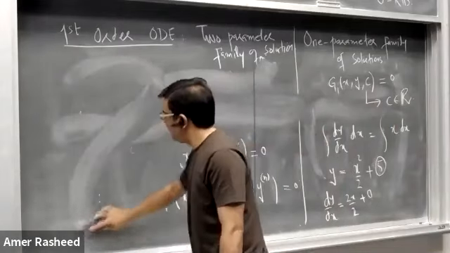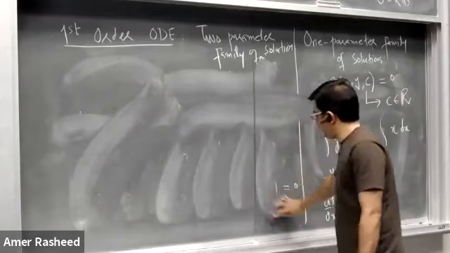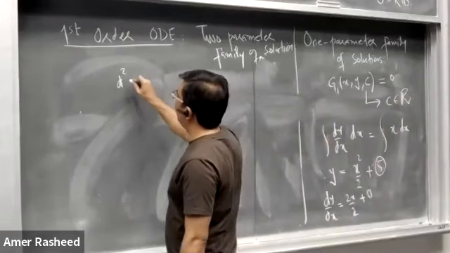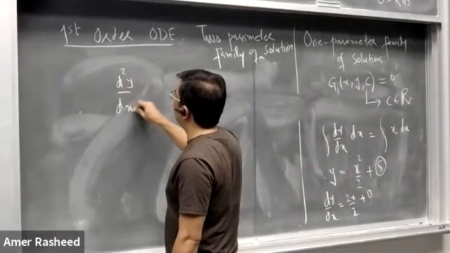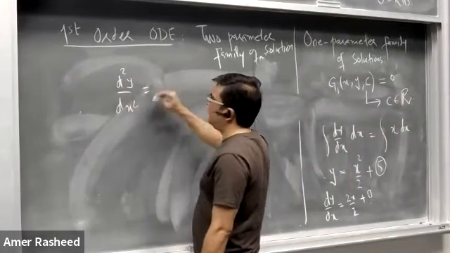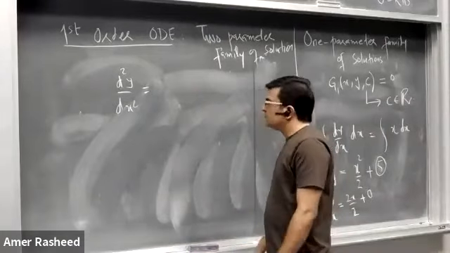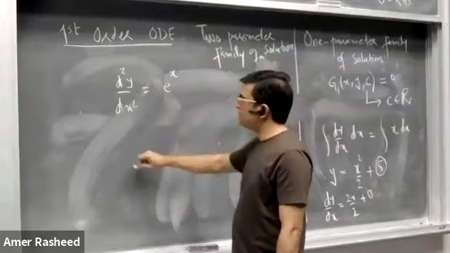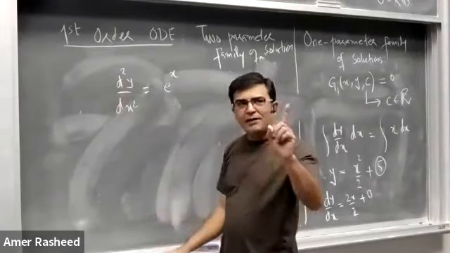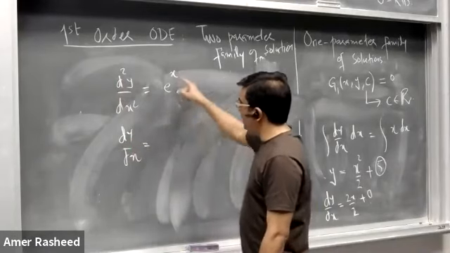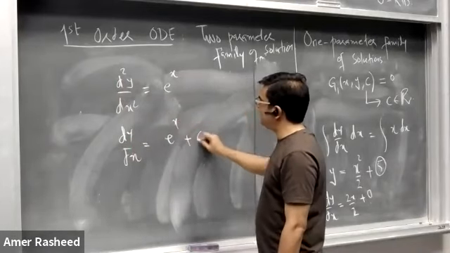For example, I give you a function where the second derivative d square y by dx square is equal to, maybe you tell me, what should I write here? E power x. Okay, e raised power x. Now you integrate one time, what do you get here? Dy by dx is the integral of e raised power x plus c1.